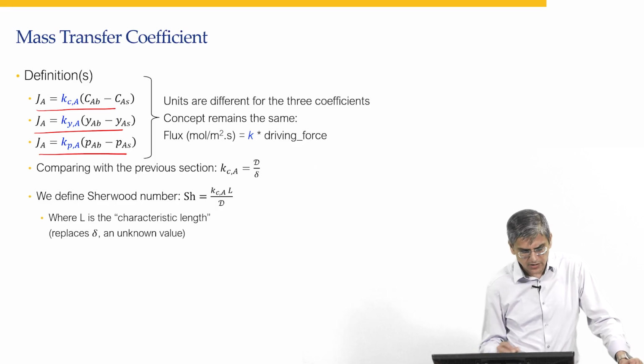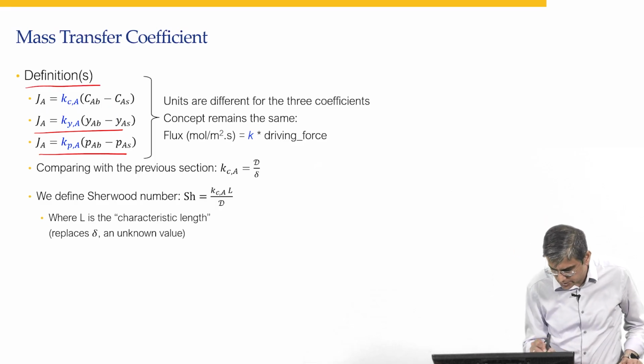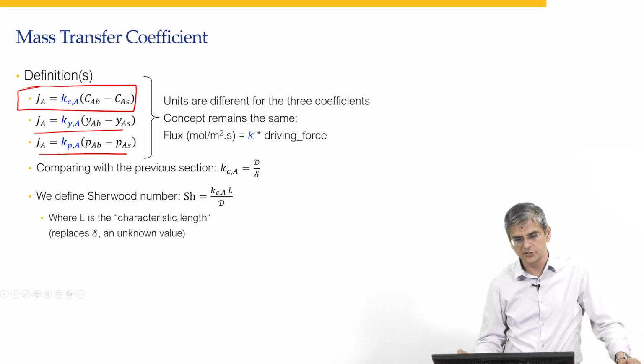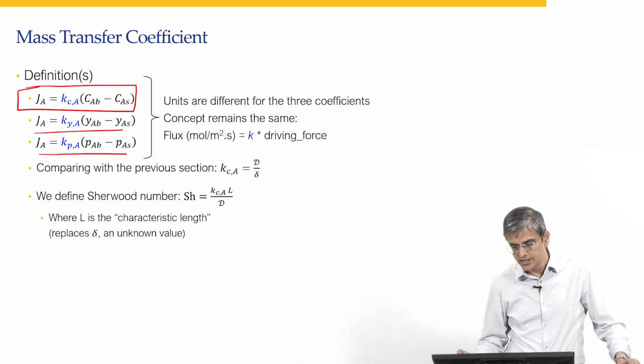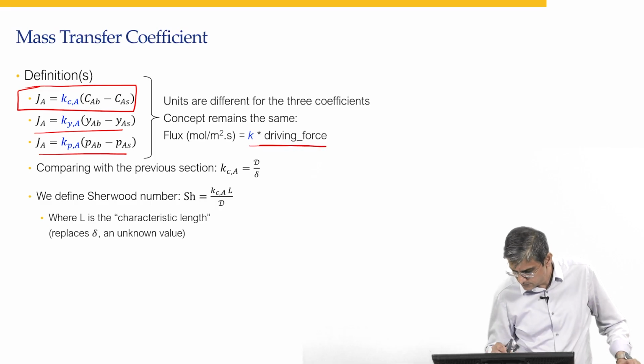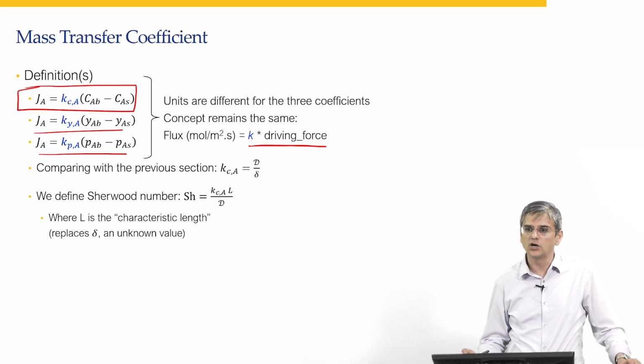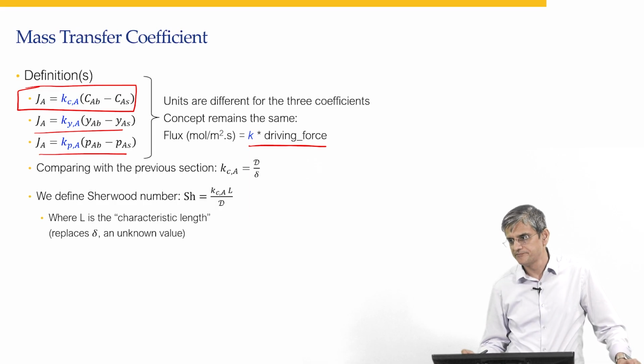We will use the concentration-based one most commonly for this course, but all of these are equivalent. They have the form of k multiplied by the driving force, and therefore this is also called a linear driving force model.